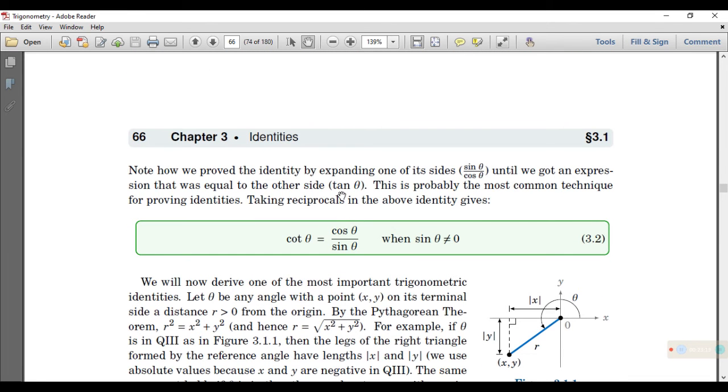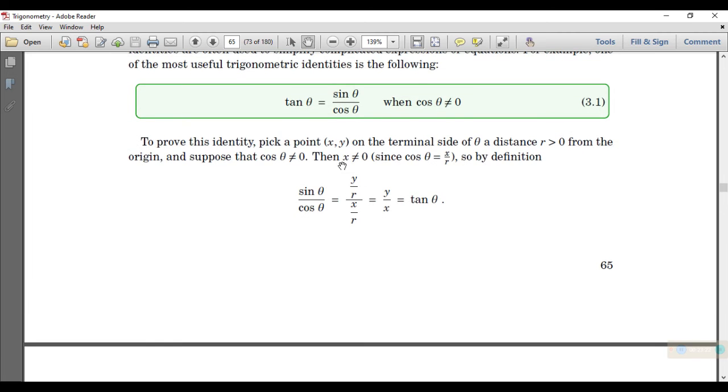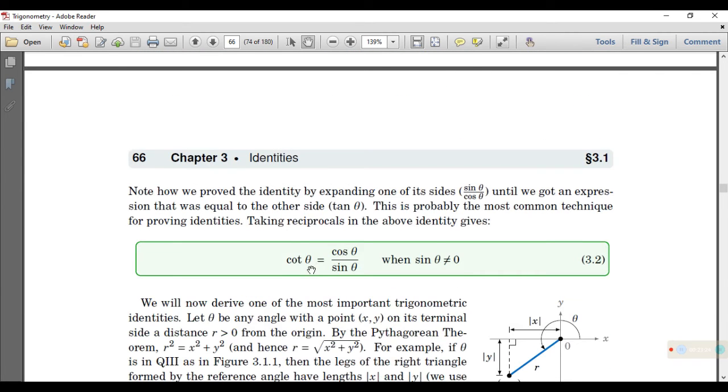Okay, ano pa yung iba nating mga importanteng trigonometric identities? So, kung si tangent theta ay sine theta over cosine theta, edi si cotangent theta pala ay equal sa pinagbaligtad na tangent, nireciprocal natin na tangent. So, we have cosine theta over sine theta.